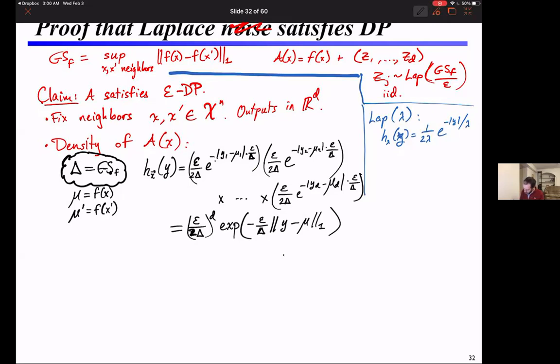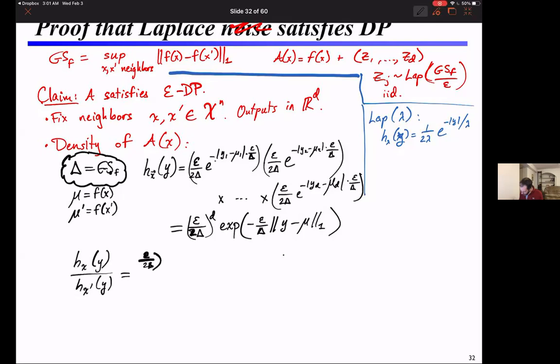And so it allows me to compare what happens if I look at the density at y when the input is x versus what happens when I look at the density at y when the input is x prime. Okay, so now I'm taking the ratio of these two terms. I'll just write it out.